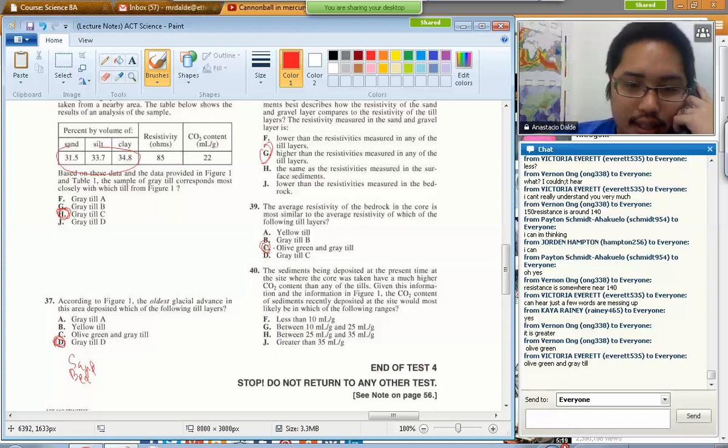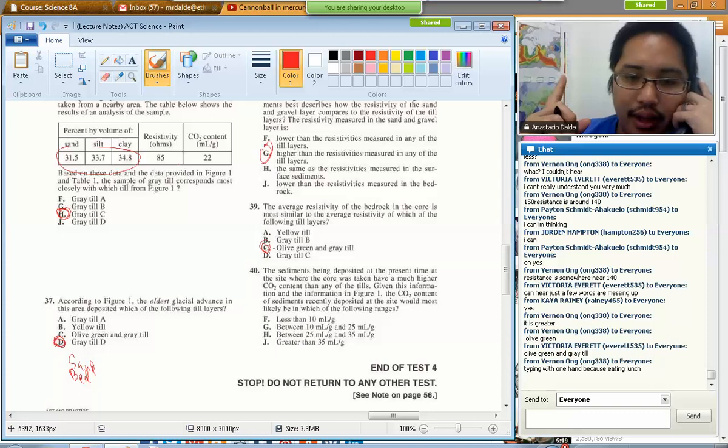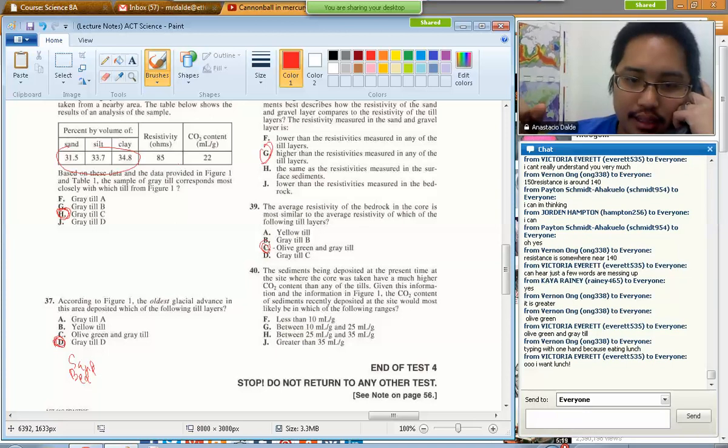Okay, good. The sediments being deposited at the present time at the site where the core was taken have a much higher CO2 content than any of the tills. Given this information, in Figure 1, the CO2 content in sediment recently deposited at the site will most likely have which of the following ranges?